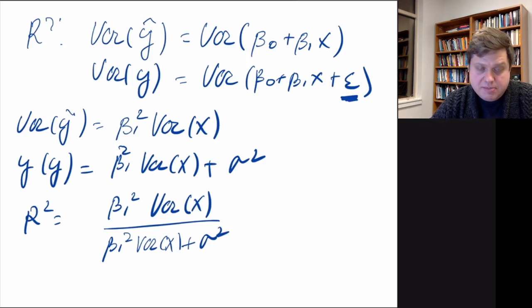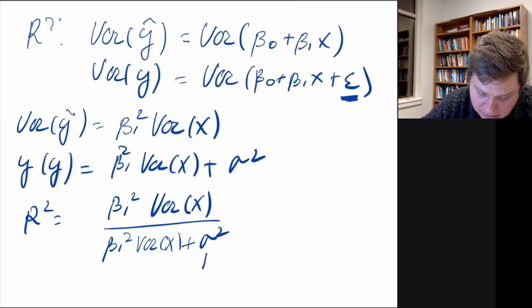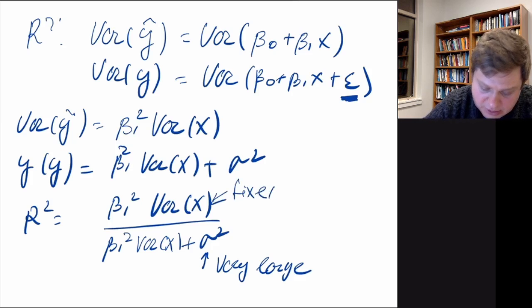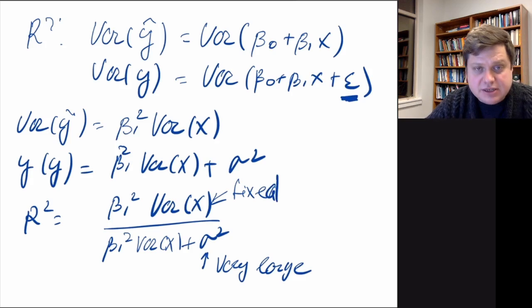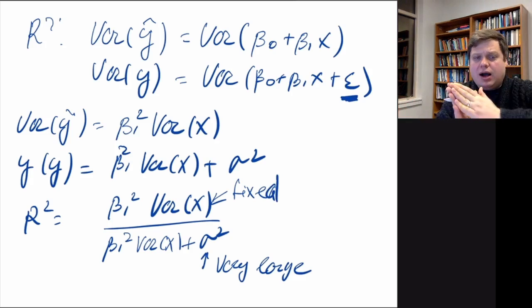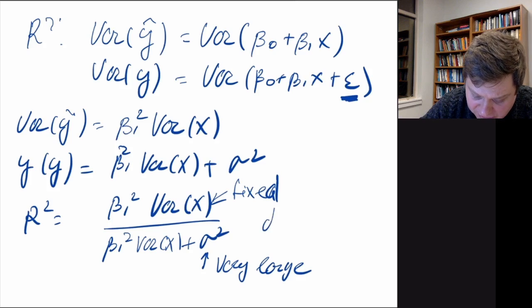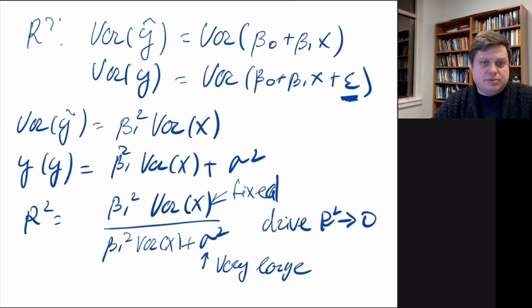Now, I can make this r squared as small as I want. If I keep this one fixed and I just increase sigma squared, where sigma squared is how far the y's lie from the line, then I can drive r squared to 0, arbitrarily close to 0.